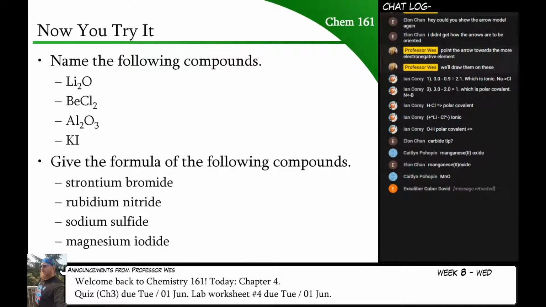All right, let's go over the answers here. So the first element is lithium. The second is oxygen, which becomes oxide. So this is lithium oxide. We got beryllium, and then we've got chlorine, which becomes chloride.